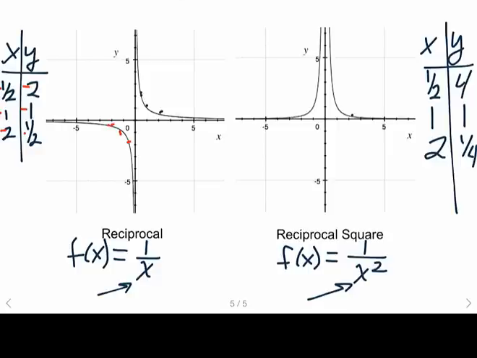So that's why the dots are as I'm indicating here, and that gives us the shape that we have here for the reciprocal square. And if any of these inputs turned out to be negative, the outputs would be unaffected because, again, of the squared. So this is just reflected to the left of the y-axis.